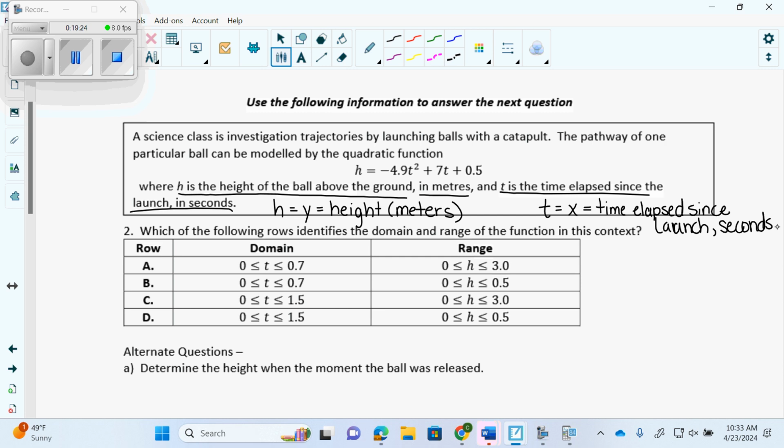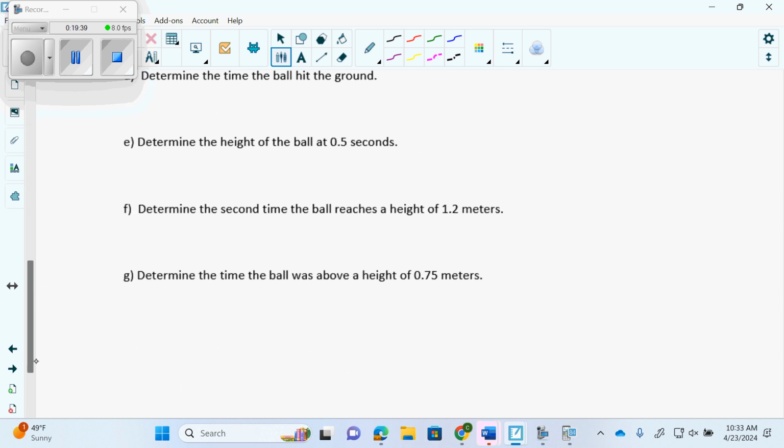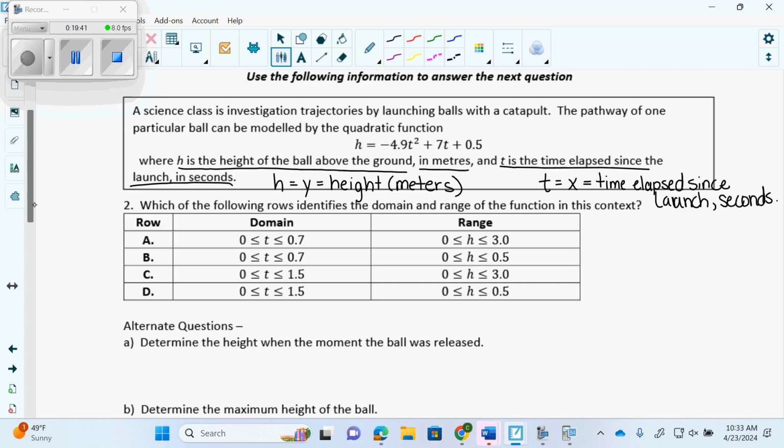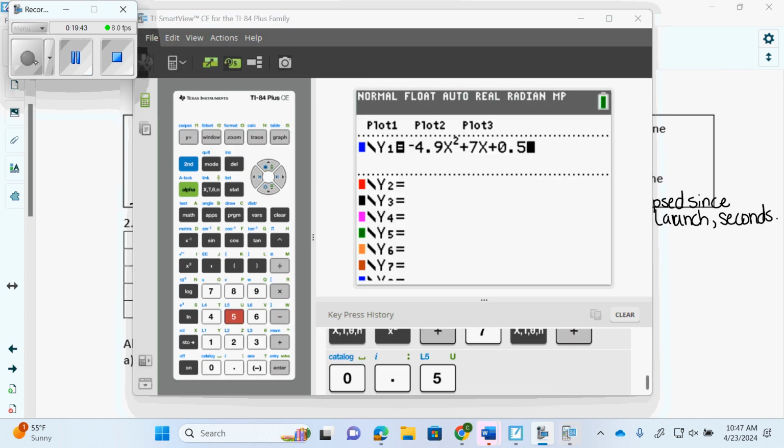Then my range is either between 0 and 3 or 0 and 0.5, so if I go 0 to 4, it should cover it. Multiple choice should be easier than numeric response because you have hints.